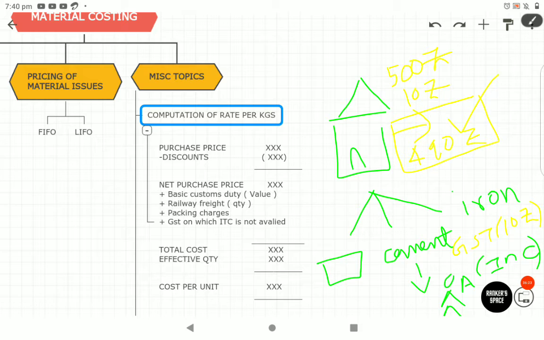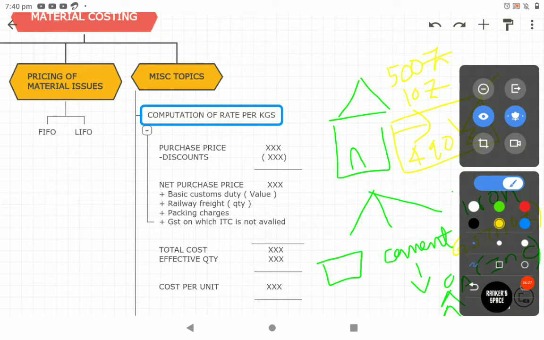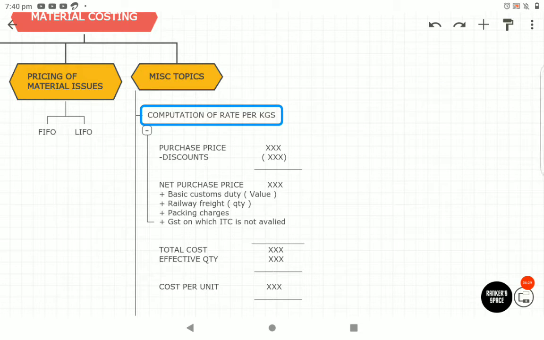So if GST on which ITC has not been availed, what they're trying to say is, if there is GST that you have paid and input tax credit is not availed, you cannot avail input tax credit, or you have not availed it, only that GST portion you can add to the cost of the product.